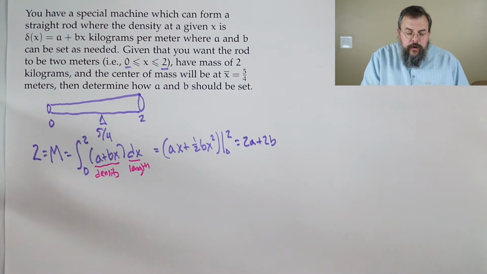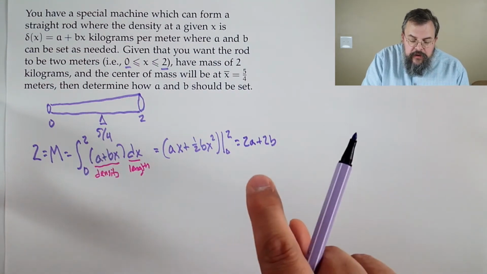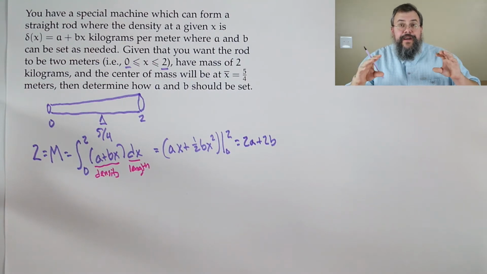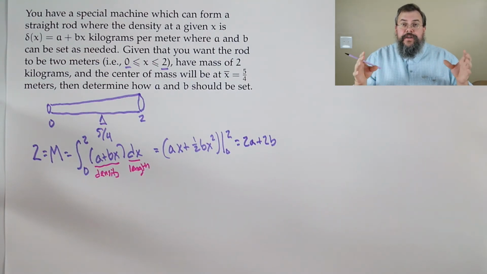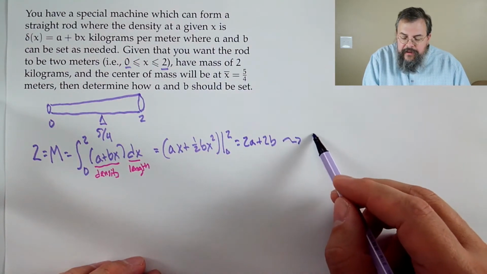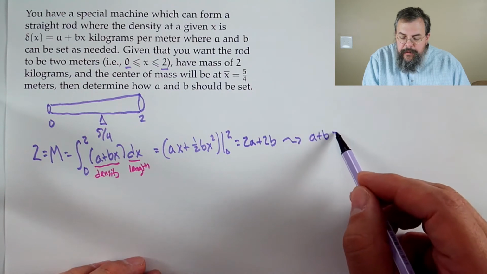So we have that 2 is 2 times a plus 2 times b. Aha! That tells us that a and b are connected by an equation. Nice. Another way to say this is that a plus b better be equal to 1.